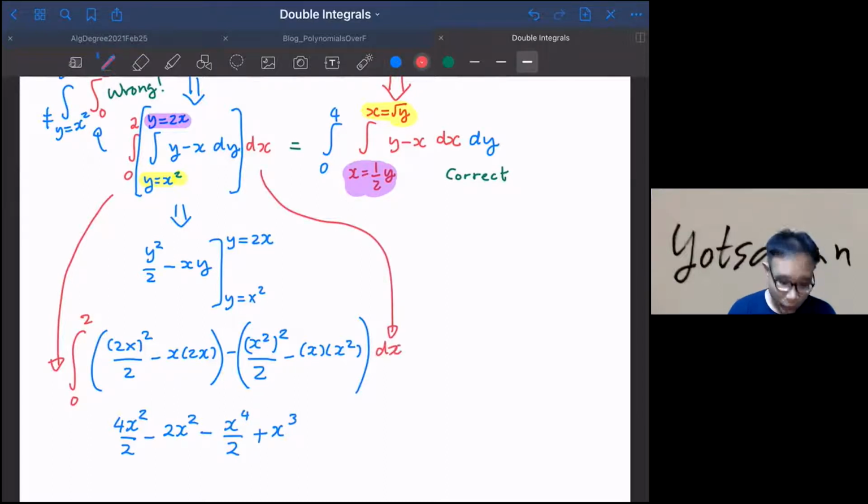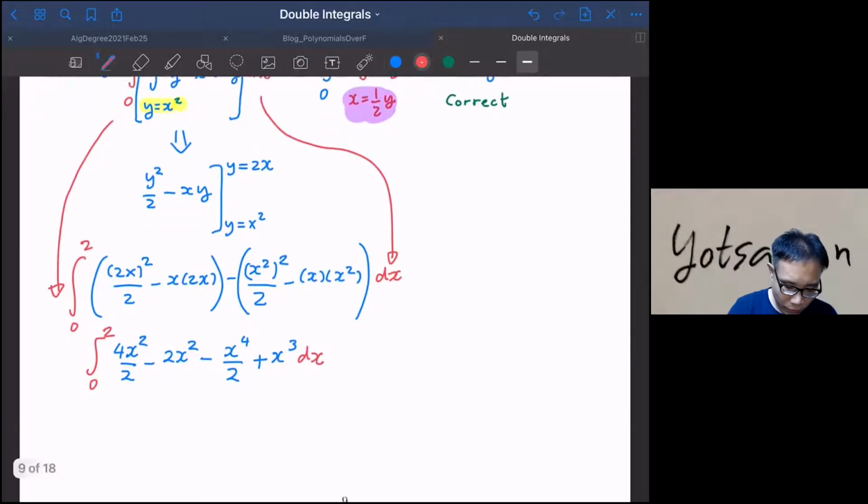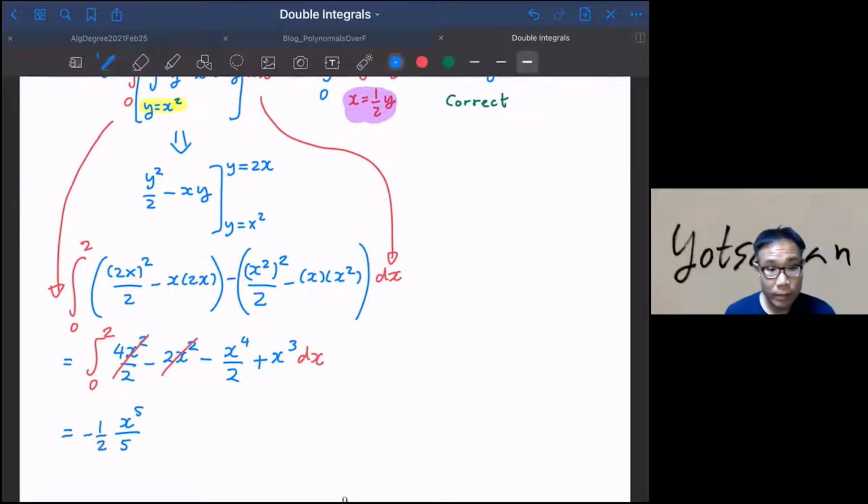So you integrate from 0 to 2 dx, and you get rid of these two terms, and you integrate x to the fourth over 2. So for this one you get negative x to the 5 over 5, with 1/2 outside.